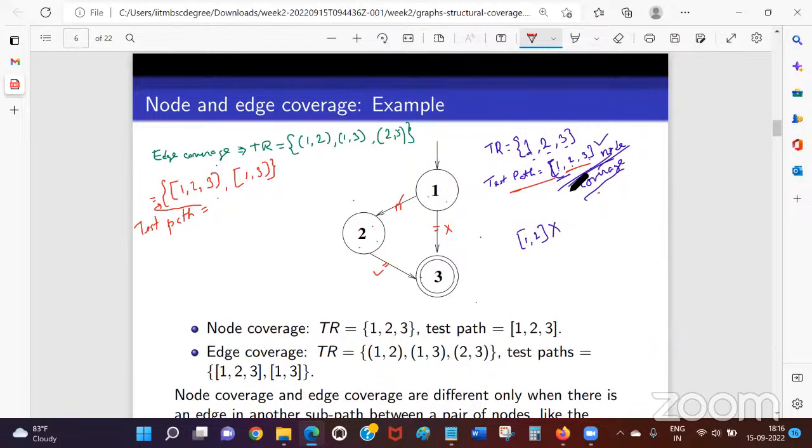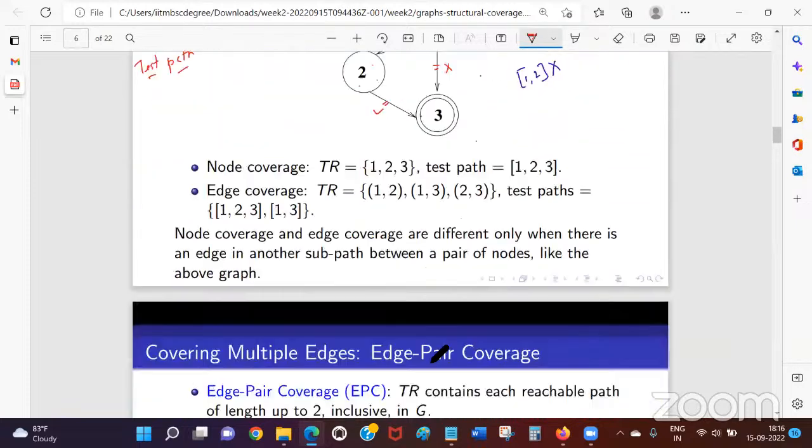But if you have a test path which is providing the edge coverage, that must fulfill node coverage also, because the set of paths also includes this particular path which provides us the node coverage. So every edge coverage also covers node coverage. We'll see more examples.